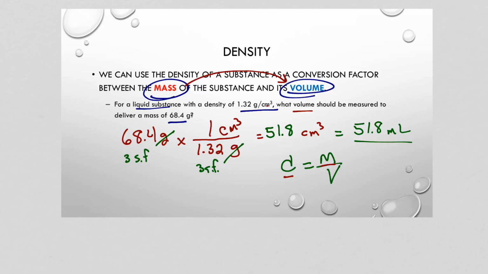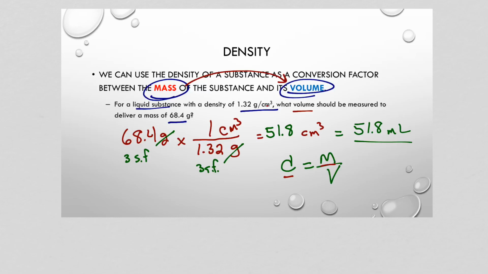So this will get you some good practice on the algebra. So we need to make sure that we're comfortable working with solving for these different values based on, again, knowing whether we're going to divide by the density to get our grams to cancel out, if we were trying to find the volume, or if we were trying to find the mass, then we would have to multiply.